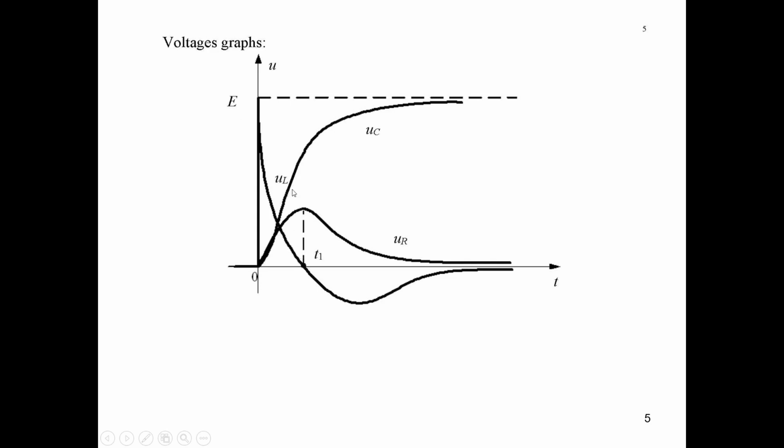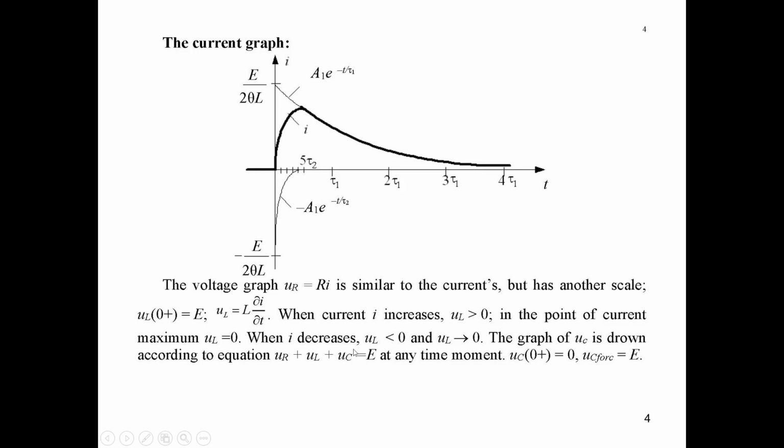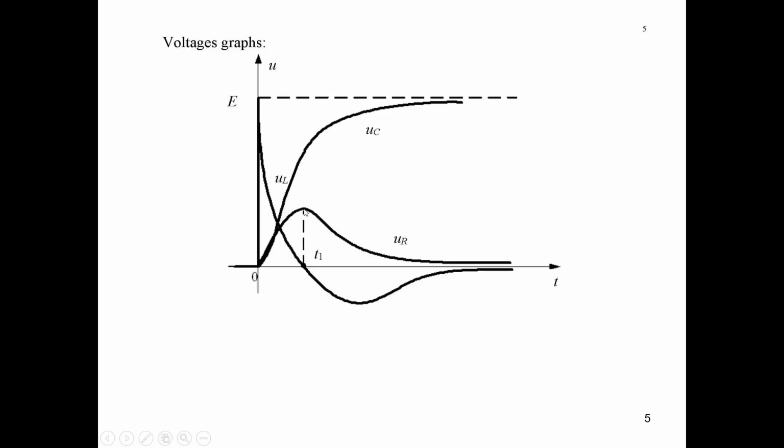At the point when current is maximum, UL will be equal to 0, because its maximum level corresponds to the 0 level of the derivative. So at this moment we have UL equal to 0.